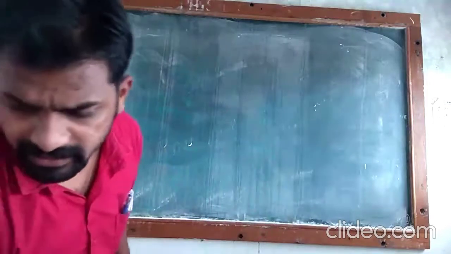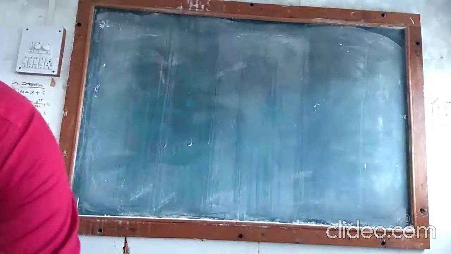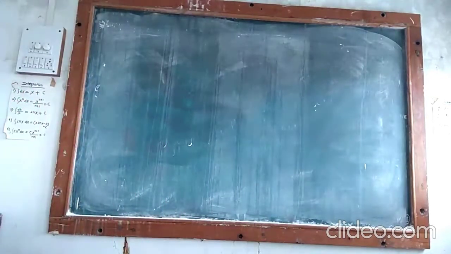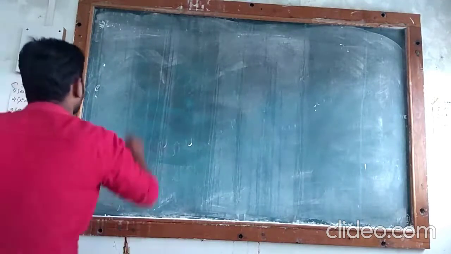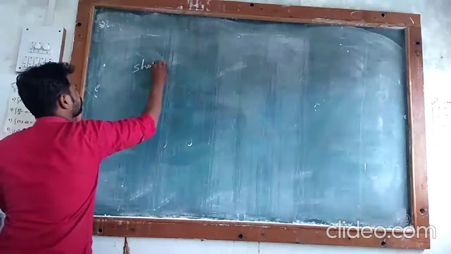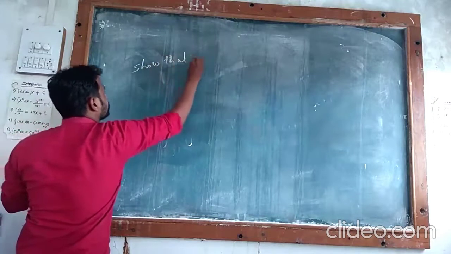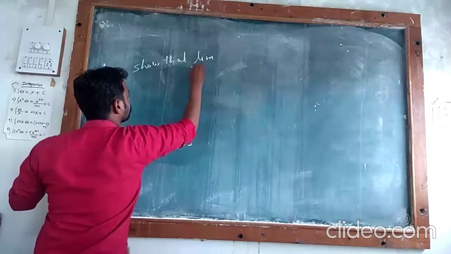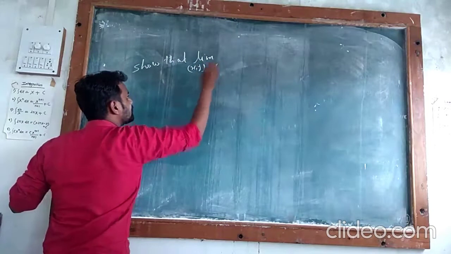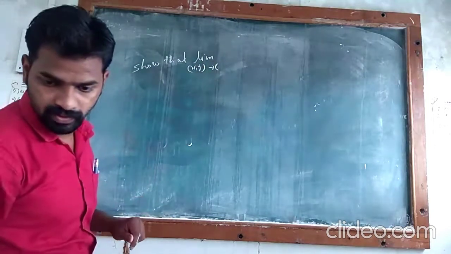Okay, now the second example is to show that the limit as (x, y) tends to (0, 0) of xy upon x square plus y square does not exist.